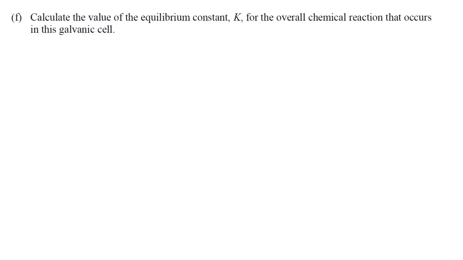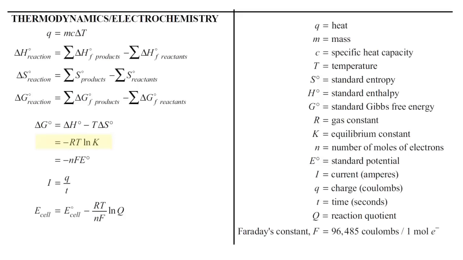If we know the value of delta G for a chemical reaction, then we should be able to calculate the value of the equilibrium constant for that reaction. On the equation sheet, there is an equation that relates delta G and the equilibrium constant K: delta G is equal to negative R times T times the natural log of K.